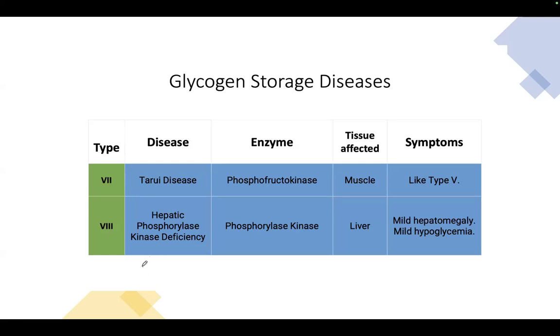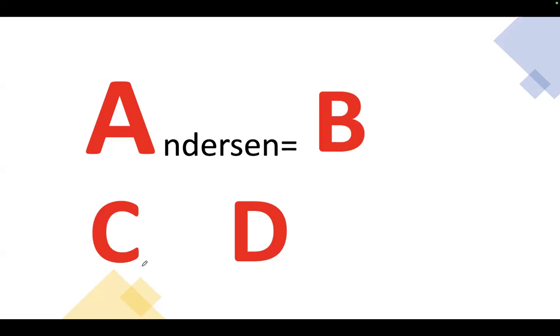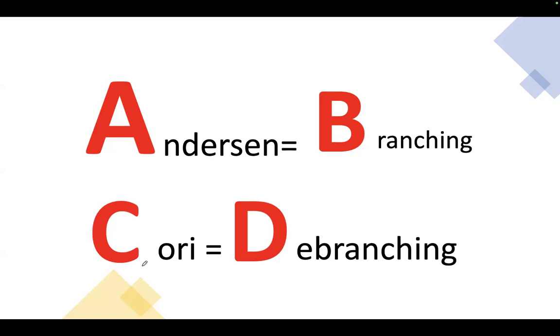So let us wind up with these visual reminders. If you know your ABCs, you should know your 1, 2, 3s. So A, B, C, D. Anderson's is a deficiency in the branching enzyme. Corey's disease is a deficiency in the debranching enzyme.